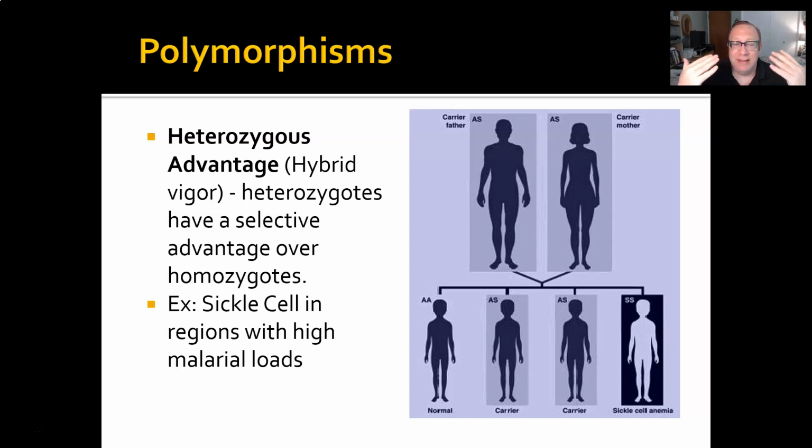This is the fact that the heterozygotes, those who are carriers for the sickle cell trait but don't have sickle cell anemia, have a reproductive advantage over individuals who don't carry the sickle cell trait, even though offspring they have with sickle cell anemia would probably not survive in the past. It's more likely now.